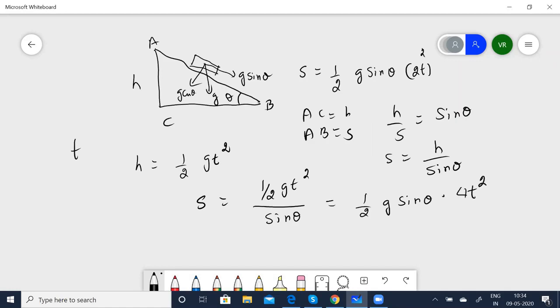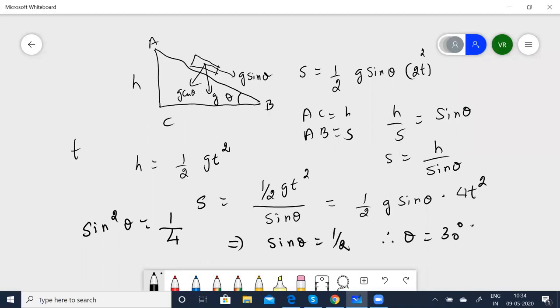I'm substituting the value given, which gives you 4 sin theta. So from this, you can see that sin squared theta is equal to 1 by 4, or this implies sin theta is equal to half. Therefore, theta should be equal to 30 degrees.